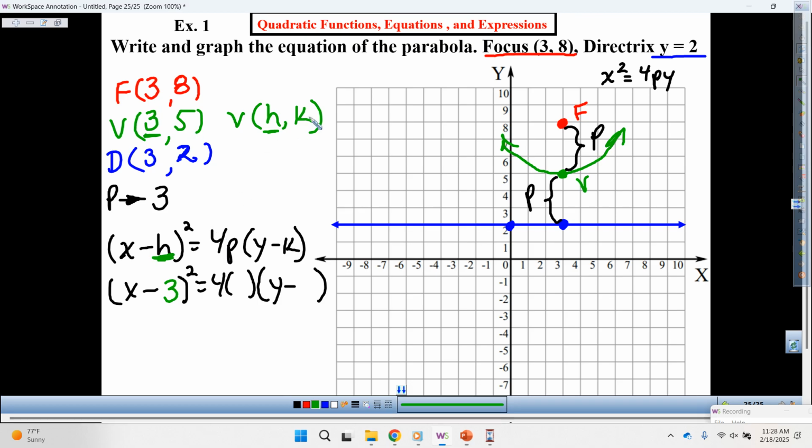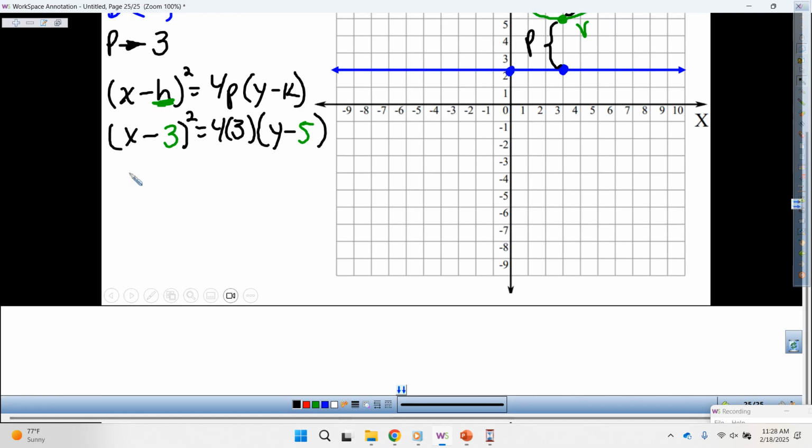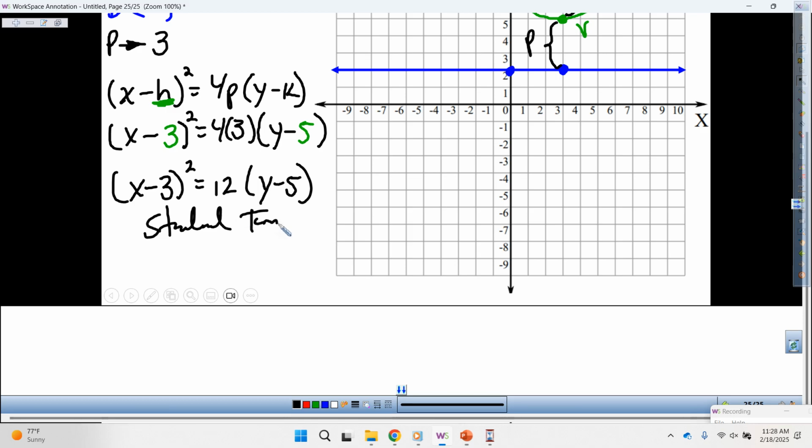What is K, everyone? 5, yes, that is correct. And what is P? 3. So, lastly, here we go. Our standard form equation is x minus 3 squared equals 12 times y minus 5. This is our standard form equation.